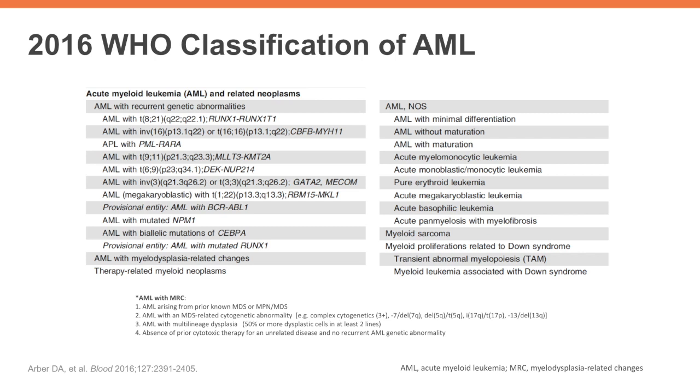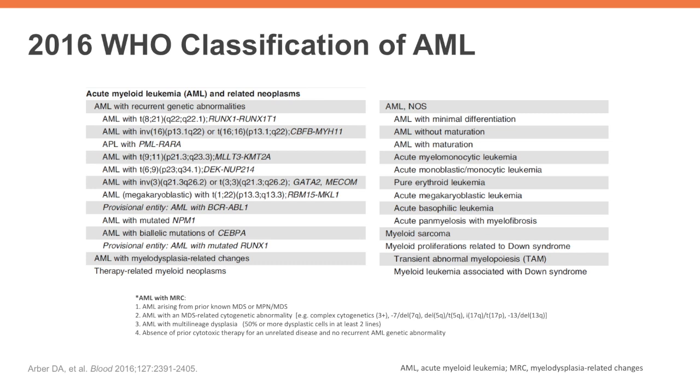So that's the AML with myelodysplasia-related changes category. And the formal definition of that is shown at the bottom of the slide, which includes having prior diagnosis of MDS or MPN, having an MDS-related cytogenetic abnormality, having AML with multilineage dysplasia. Note that a prior cytotoxic therapy for an unrelated disease is formally defined as therapy-related myeloid neoplasms.